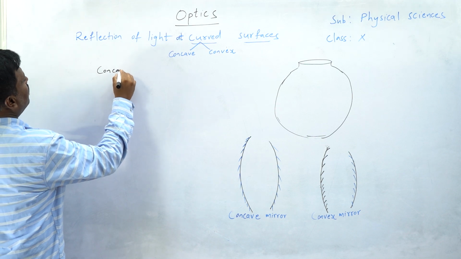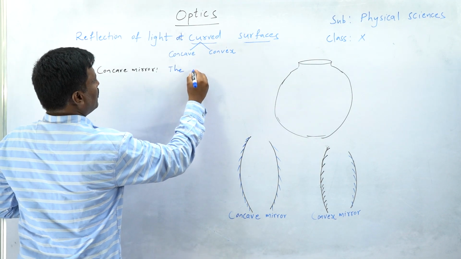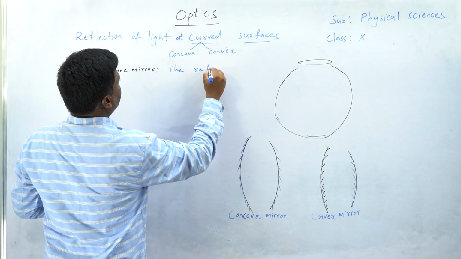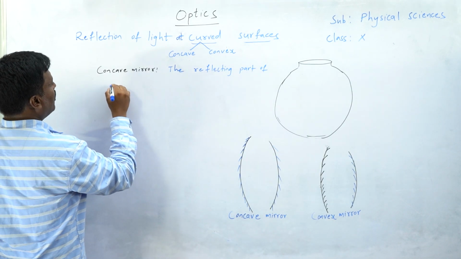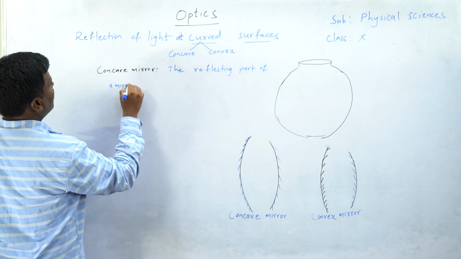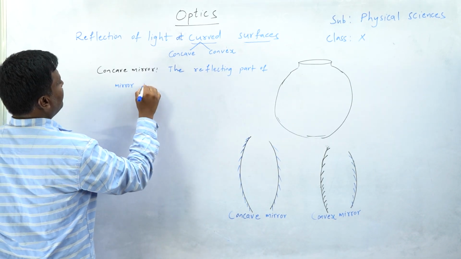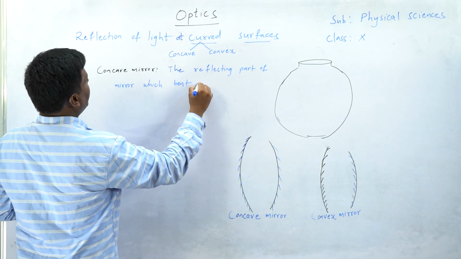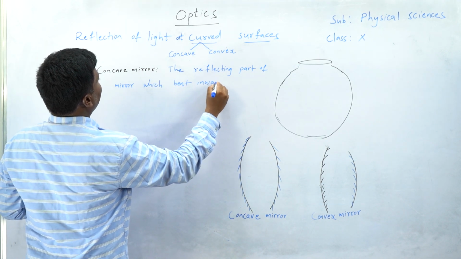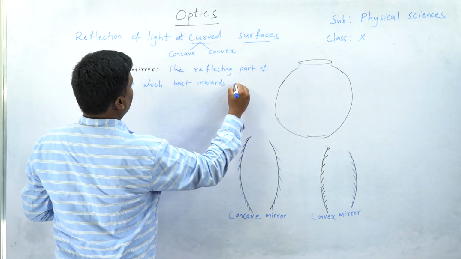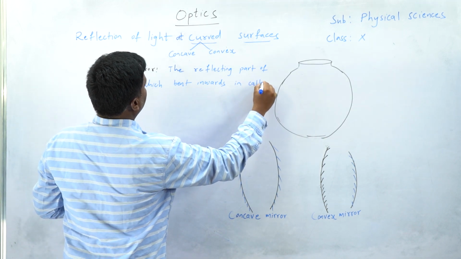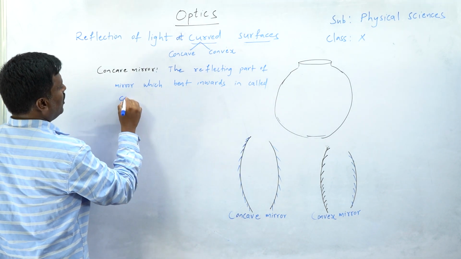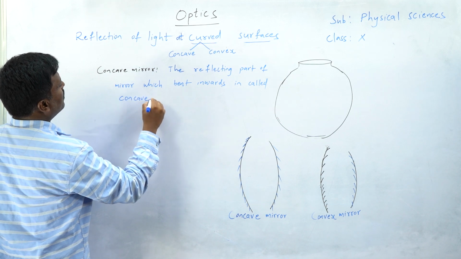Concave mirror: the reflecting part of the mirror which is bent inwards is called a concave mirror.